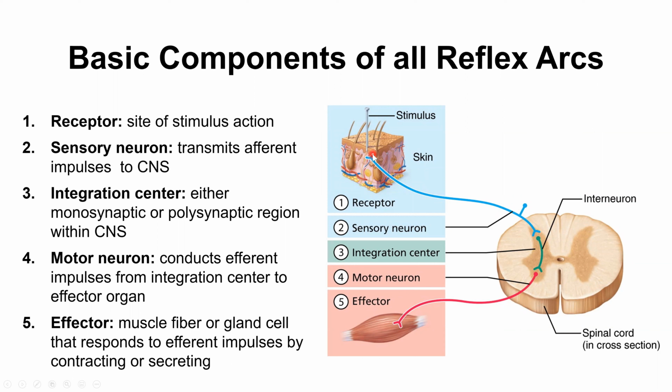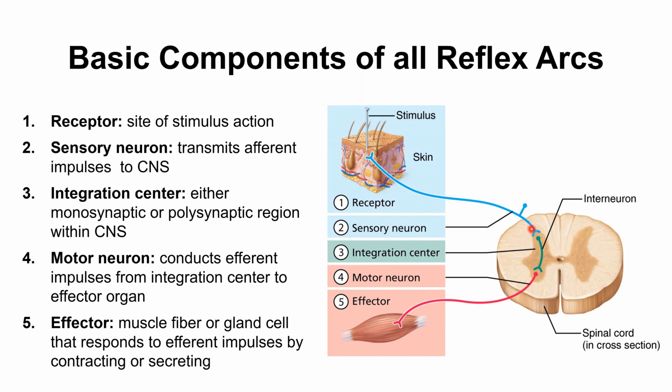And then the next component of the reflex arc is the sensory neuron. The sensory neuron is going to transmit information from the receptor towards the central nervous system. The third component of our reflex arc is going to be an integration center. The integration center is going to be either monosynaptic, meaning there's only one synapse that occurs, or polysynaptic, meaning that there's going to be multiple different synapses occurring.